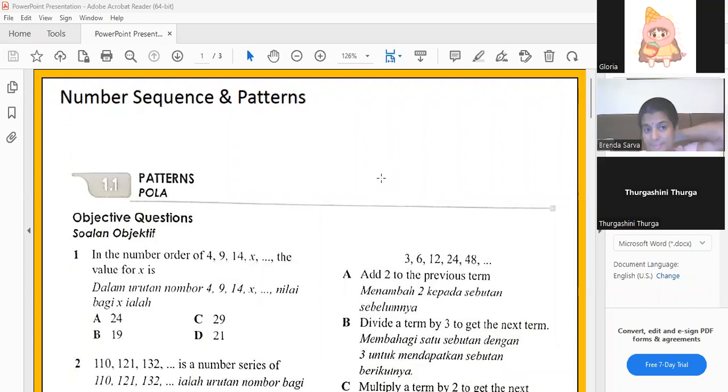This is the last lesson on Chapter 1, which is number sequence and patterns. Over here in your module, you would have questions that are very similar to what you would find in your activity books, the ones that you buy from the bookshops.